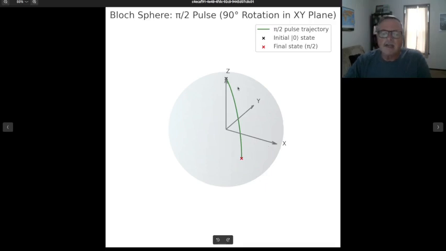Another thing to add here is that this state over here shown by the red X is a superposition between 0 and 1. If we measure this, it's going to end up right back at either 0 or 1. It'll collapse the wave function to be either one of those. But at this point, we have a 50-50 chance of being 0 or 1.